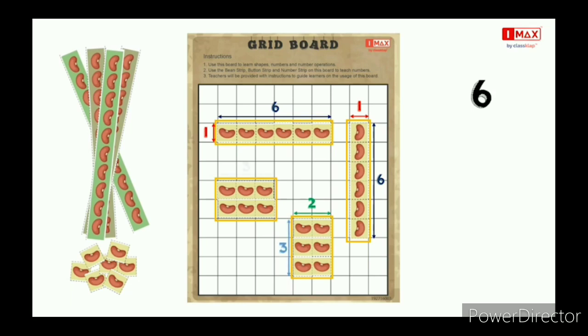So 2 and 3. In the fourth representation, we have 3 columns and 2 rows. So 3 and 2. The numbers on the grid board are nothing but the factors of the number 6. So, 1, 2, 3, and 6 are the factors of 6.